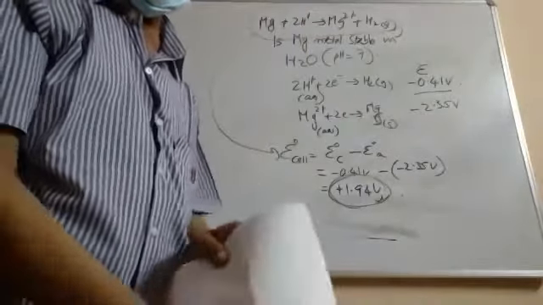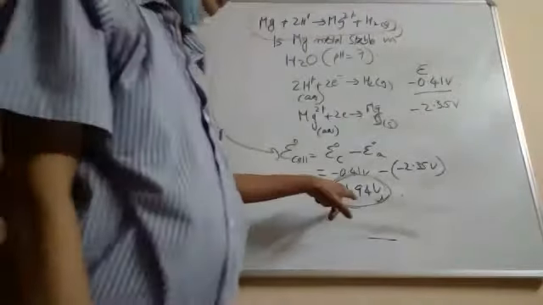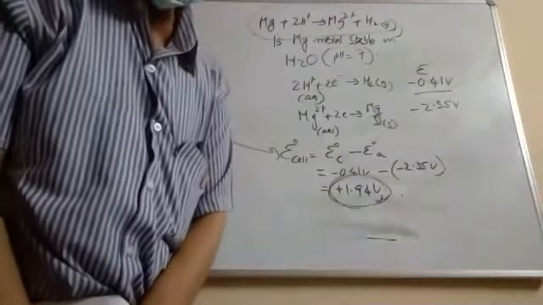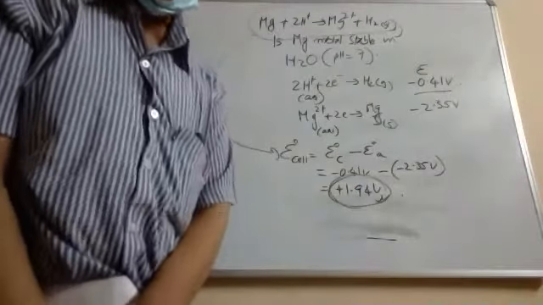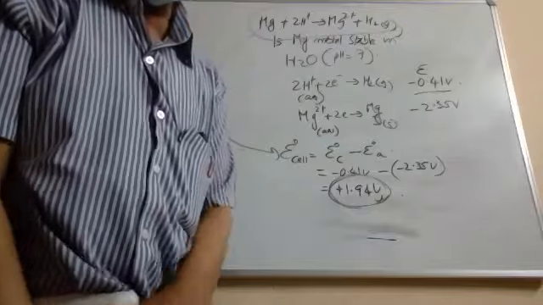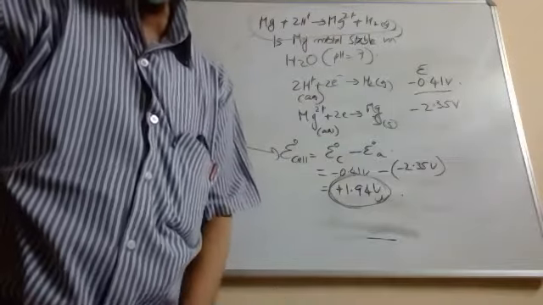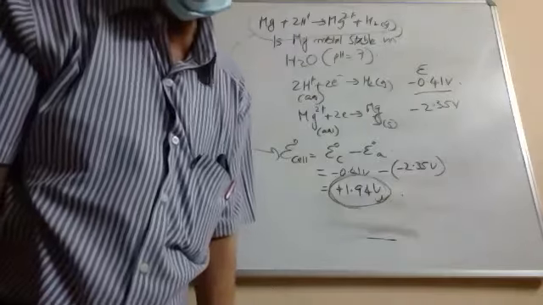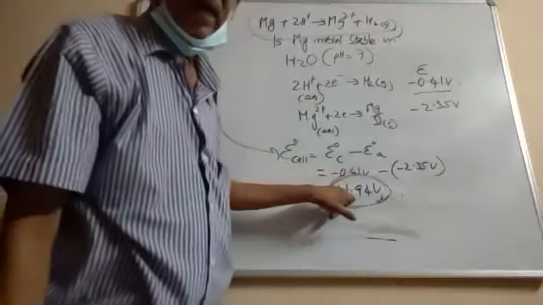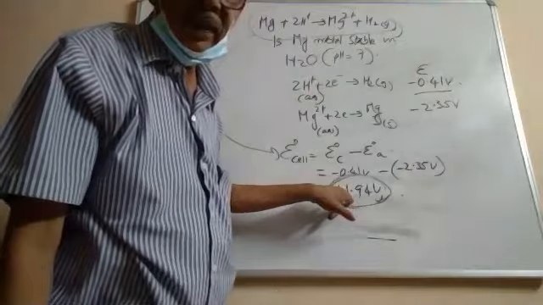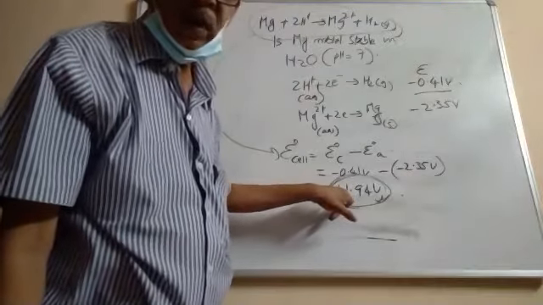We opened this lecture saying that if the potential is positive, the reaction is going to be spontaneous. So magnesium metal is not going to be stable in water because the oxidation of magnesium is spontaneous in the presence of water.